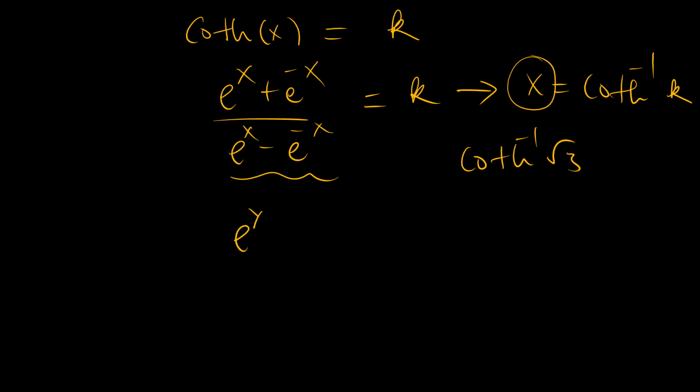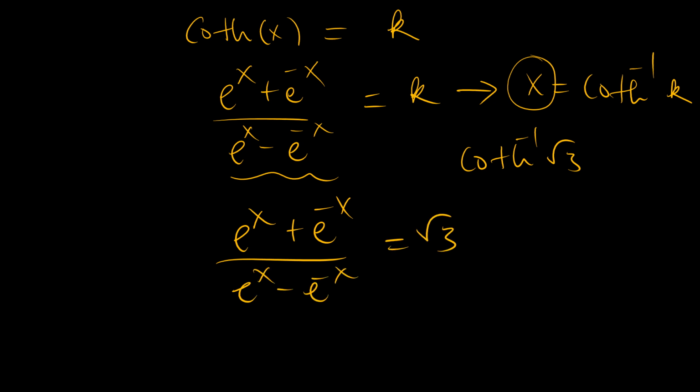So e to the x plus e to the negative x over e to the x minus e to the negative x equals root 3, which means that e to the x plus e to the negative x is equal to root 3 e to the x minus root 3 e to the negative x.